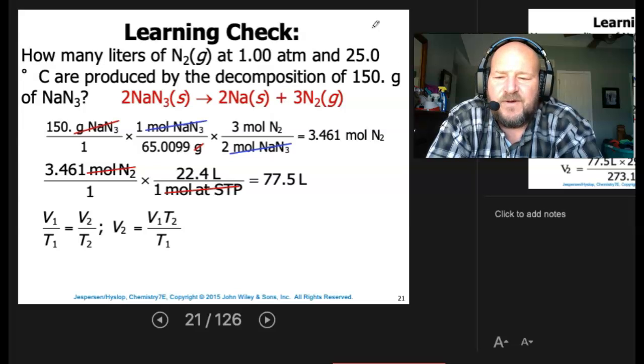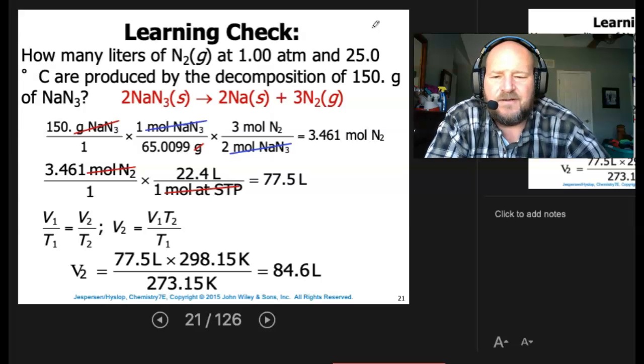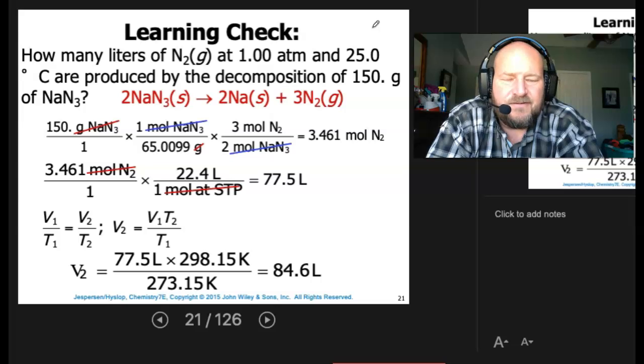So we have V1 over T1 is equal to V2 over T2. V2 is equal to V1 T2 over T1. So we get 77.5 liters times the 298.15 Kelvin divided by T1, which is 273.15. That's going to give us 84.6 liters.